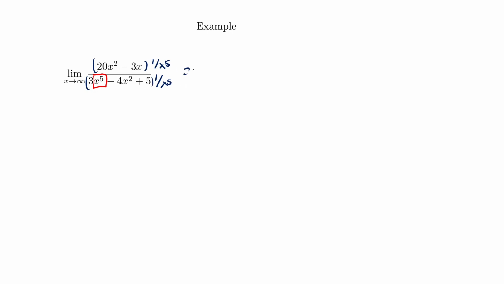So again, we want to make sure we have the limit as x approaches infinity here. This is going to become 20x squared over x to the fifth minus 3x over x to the fifth. And then over here, we've got 3x to the fifth over x to the fifth. So again, we're dividing every term by x to the fifth.